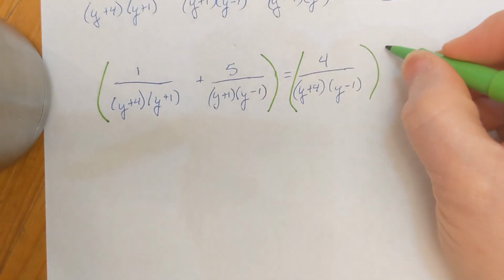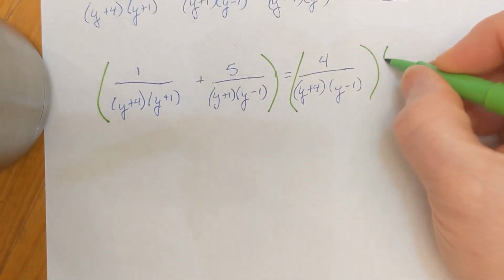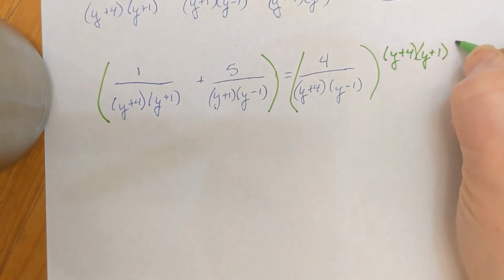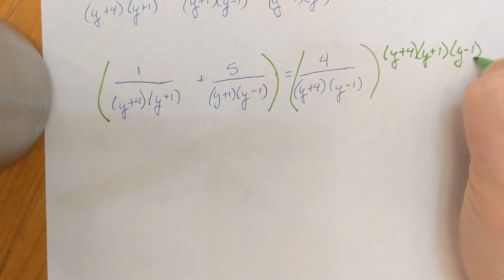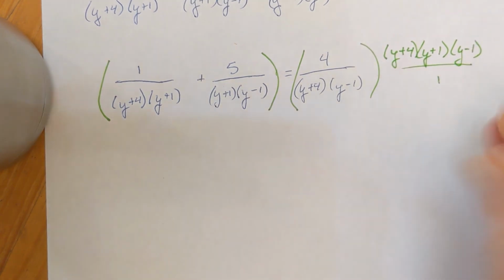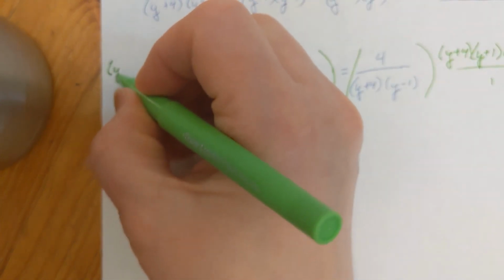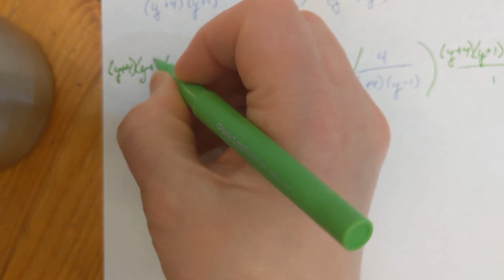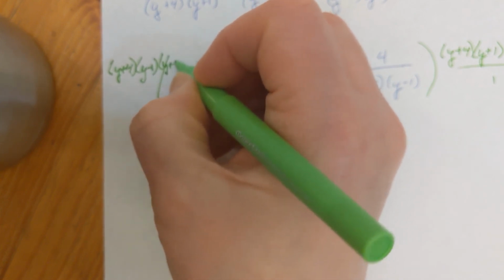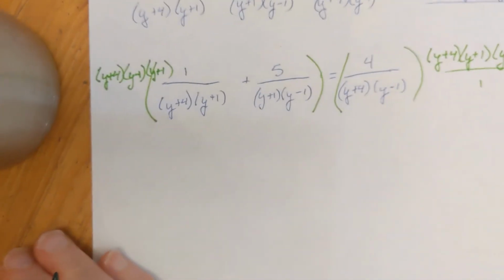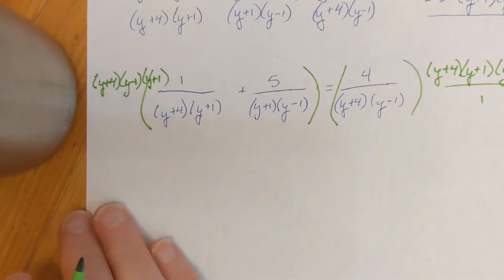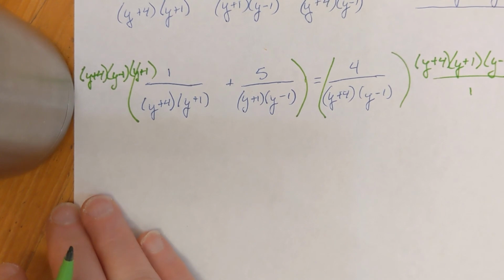So I'm going to multiply this side of the equation by y plus 4 times y plus 1 times y minus 1 all over 1. And I'm going to multiply this side of the equation by y plus 4 times y minus 1 times y plus 1. Again, I can do that because both sides of the equation are kept equal.